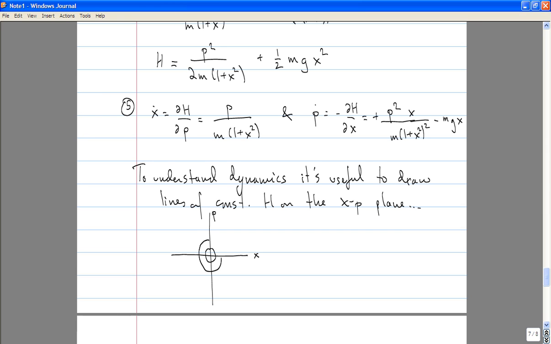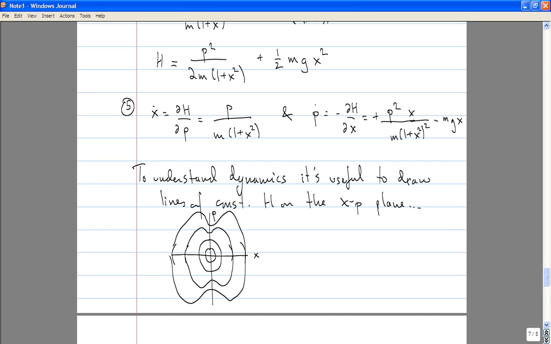And at larger values of x squared, so first of all, near p equals 0, we'll continue to have this sort of elliptical behavior. But in fact, at larger values of x, it turns out that there's sort of dimples that arise when you graph the lines of constant H. I'll leave it to you to verify that for yourselves. But there are these sort of dimples that appear.